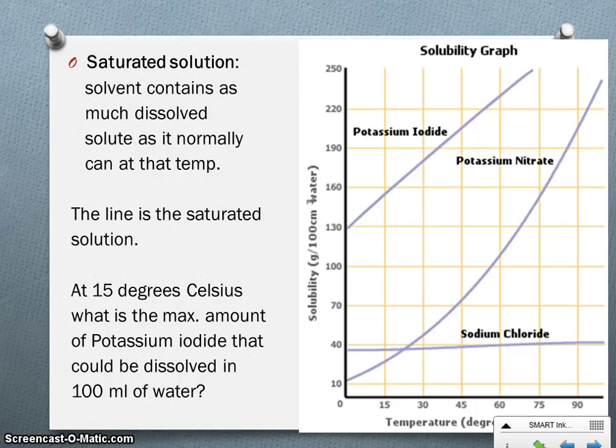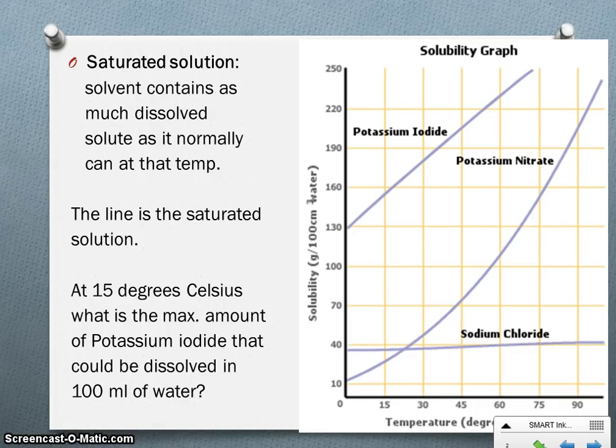Or another word that we can use now is that it's saturated, meaning that that water is holding as much sugar as it possibly can. It's full. On our solubility graphs that we've been working with, the line for each chemical represents the point of saturation. That represents when the solution is full and you can't dissolve anymore.